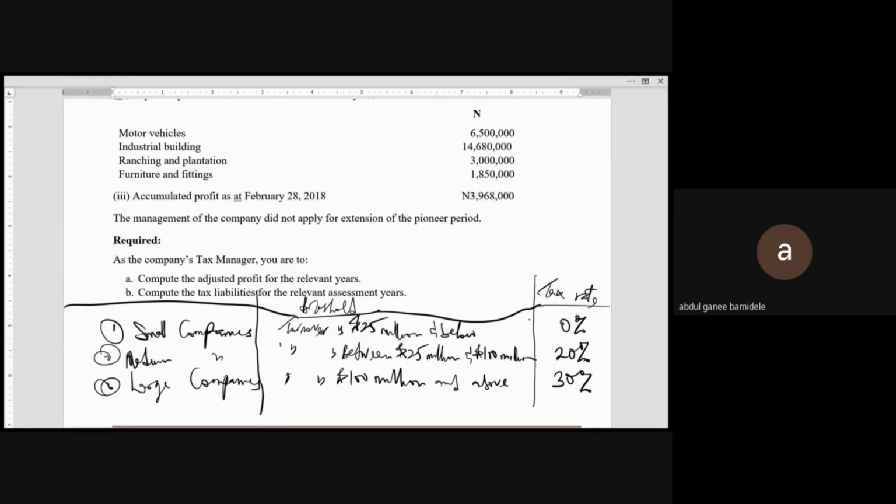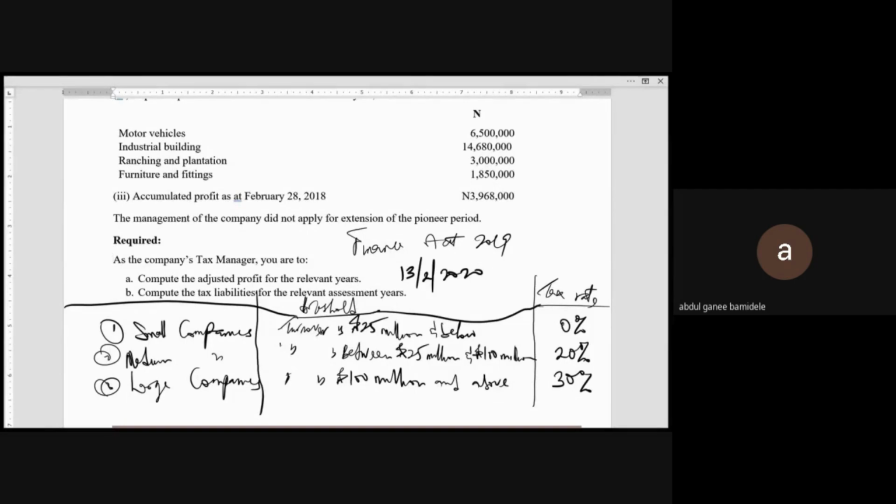Now the Finance Act of 2019 became effective on 13th of February 2020.